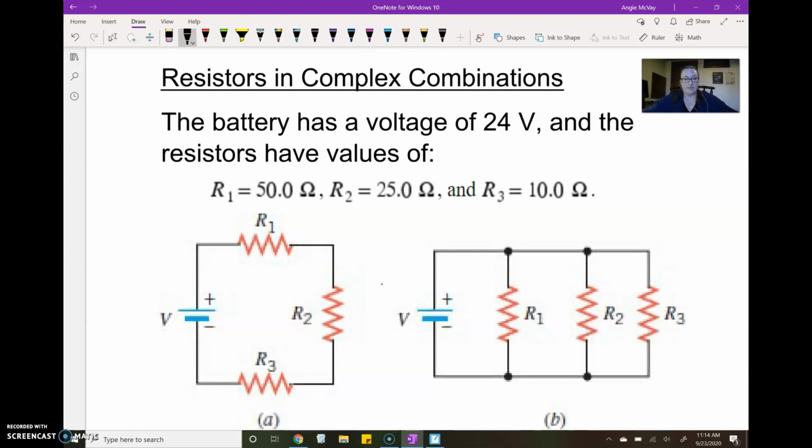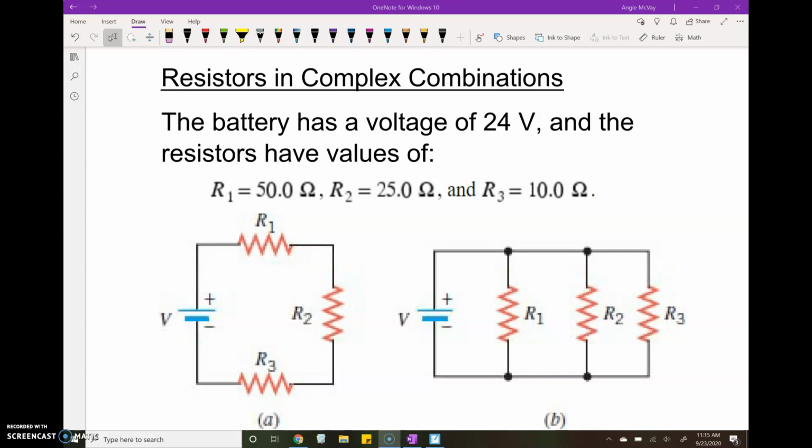Let's take a look at the circuit on the left. I took a screen grab from our Cutnell and Johnson textbook, and it's not looking great, but it is what it is. What we've got here is a battery that has a voltage of 24 volts.